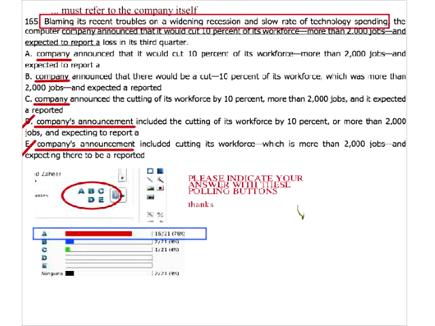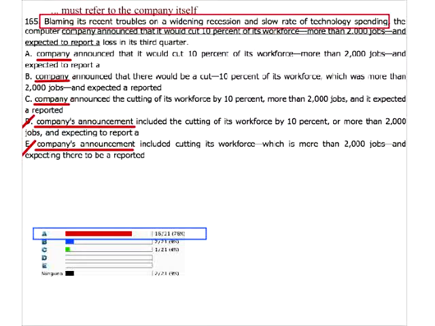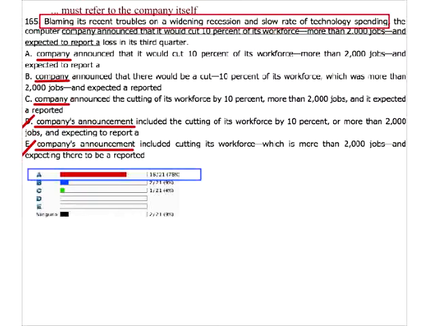So there you go. Quickly go through those three options and take a look at them. What is the meaning of the sentence? Remember that you want to figure out the meaning of the sentence first. The meaning of the sentence here is that the company announced two things. The first thing that it announced was that it would cut 10% of its workforce.